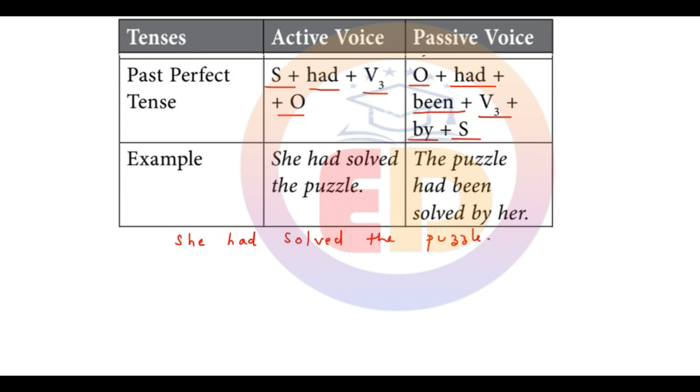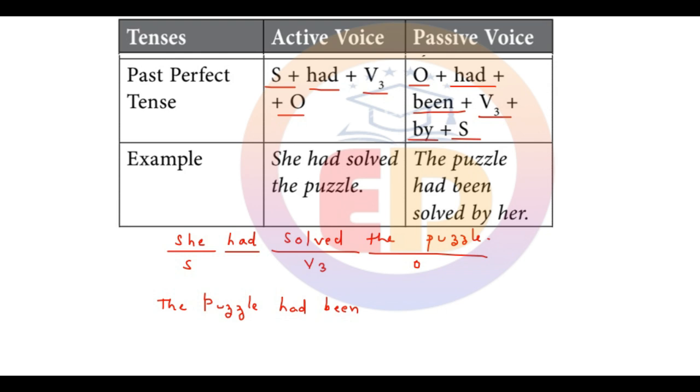Here she is the subject, had is helping verb, solved is main verb, third form past participle form, the puzzle is the object. Converting it into passive voice, in the beginning I'll write down the object, the puzzle, followed by had been.